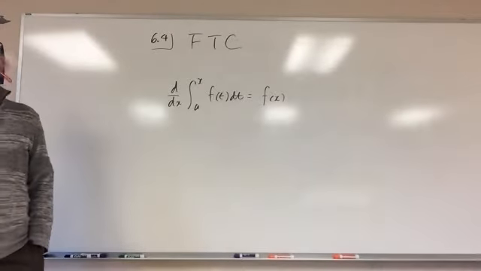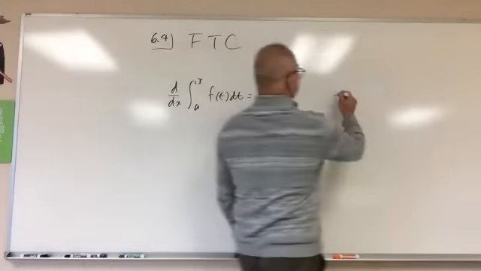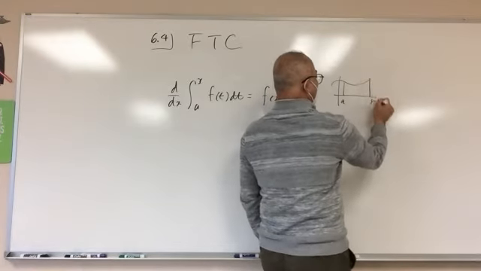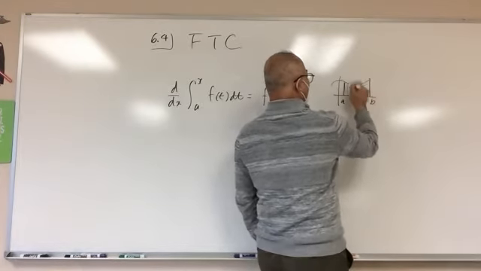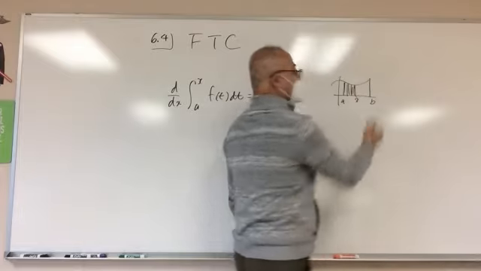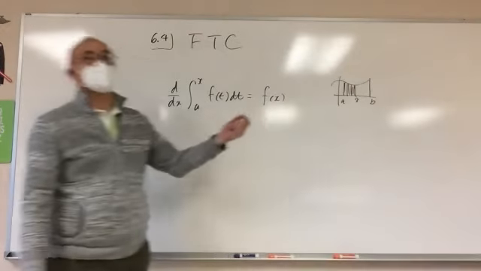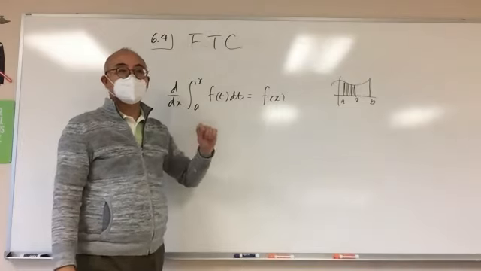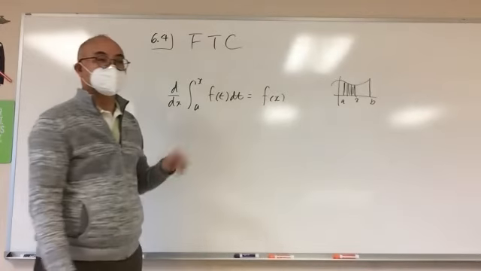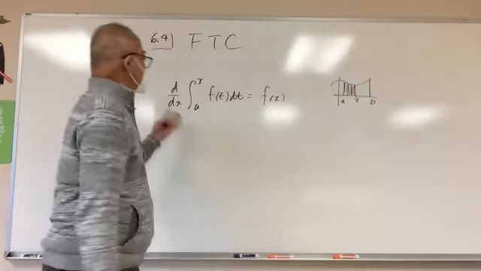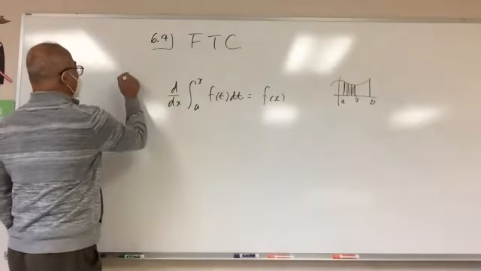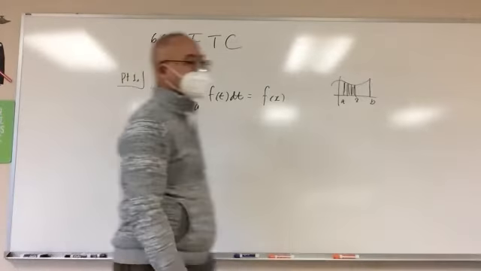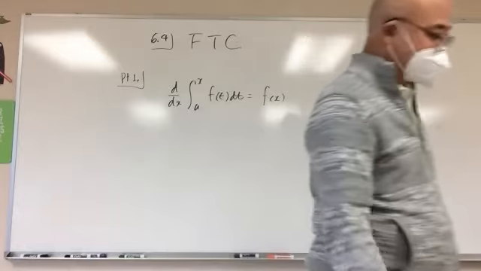We did the shading thing, and we went like this, A to B. You guys chose an x, and we shaded it. We found out that the incremental increase would have been f of x, right? If we do the derivative of that, right? We talked about that. Okay, so this is part one of the fundamental theorem of calculus.